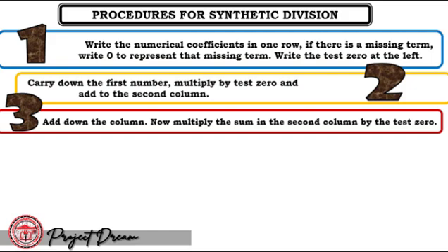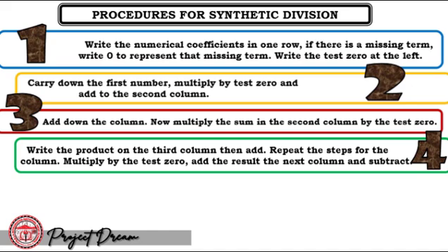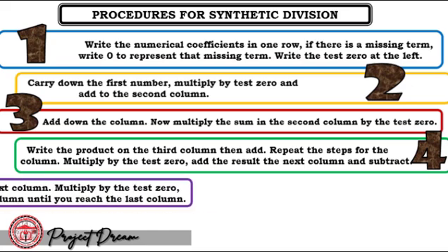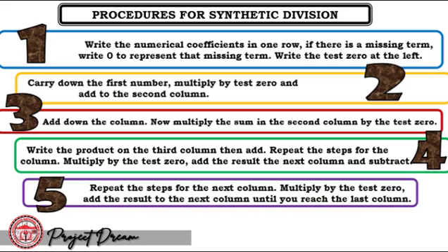Now multiply the sum in the second column by the test 0. Fourth, write the product on the third column, then add. Repeat the steps for the column, multiply by the test 0, add the result on the next column, and subtract. Fifth, repeat the steps for the next column, multiply by the test 0, add the result to the next column until you reach the last column.